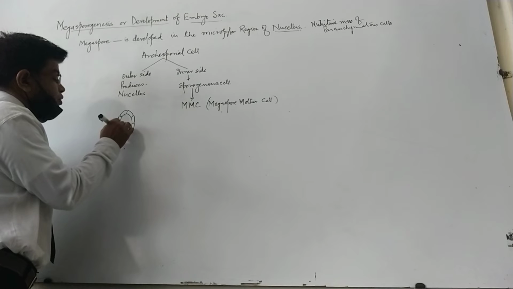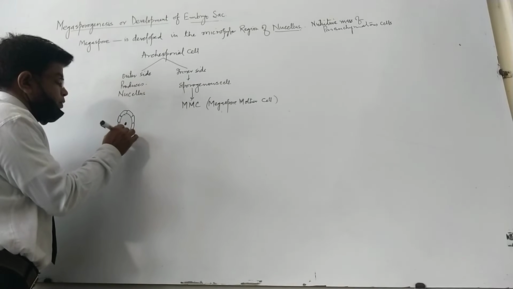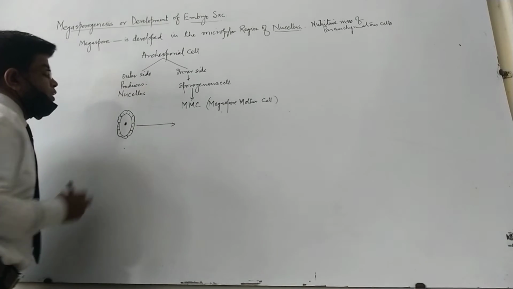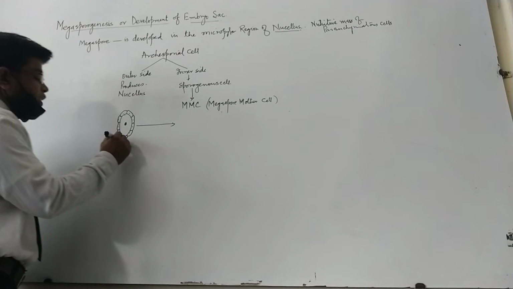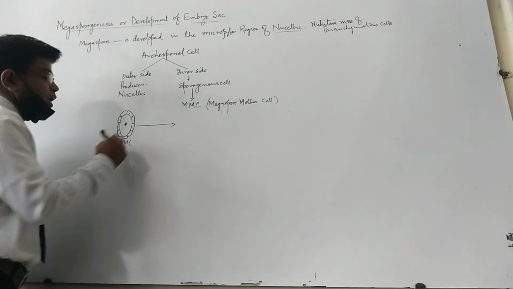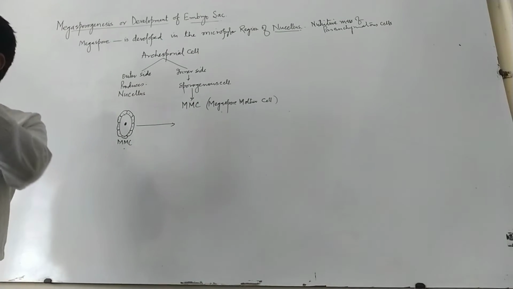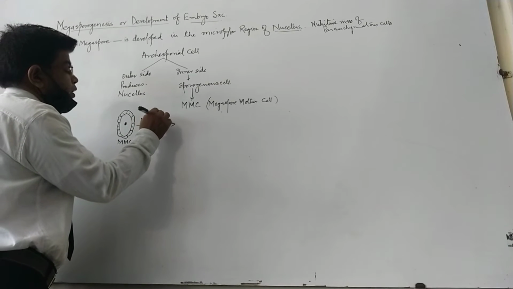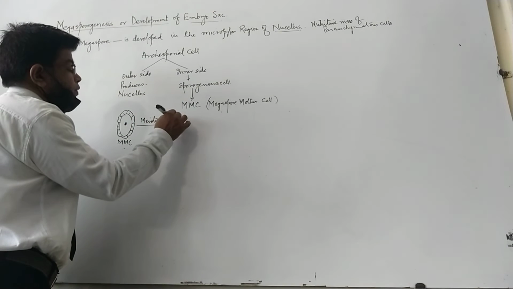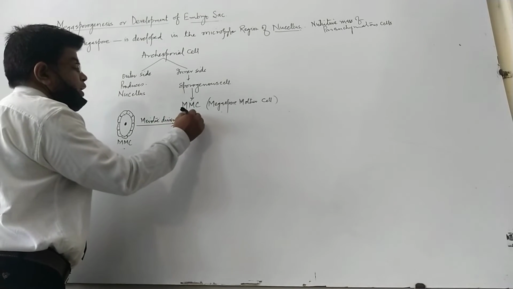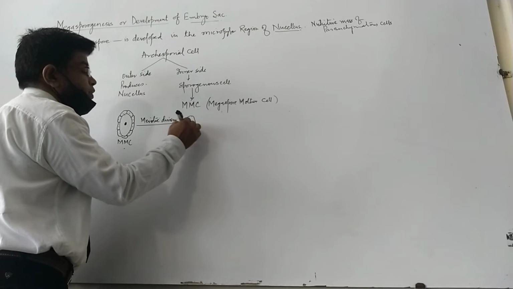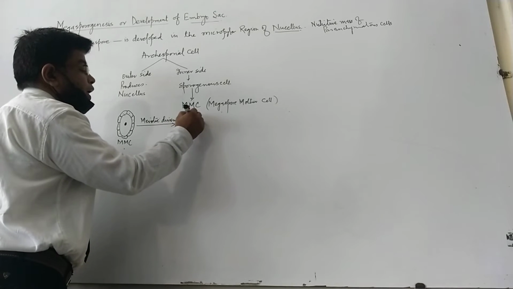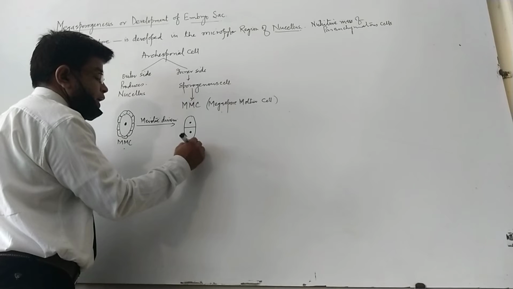Now this megaspore mother cell undergoes the first meiotic division, and it will produce two cells. Two megaspores are developed, and this stage is called the dyad stage.